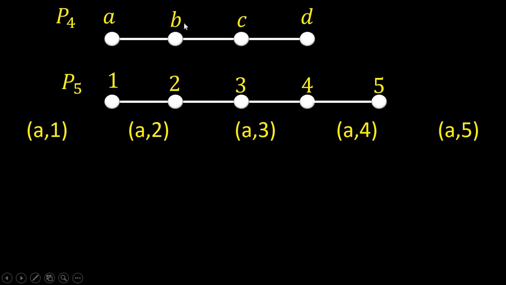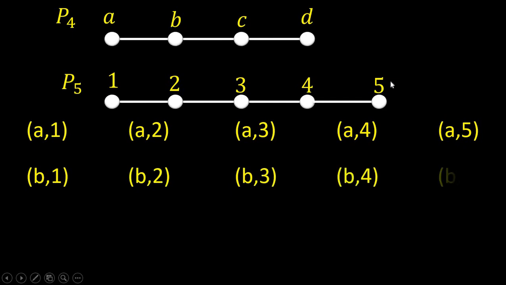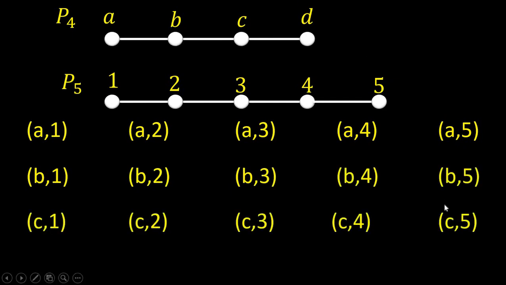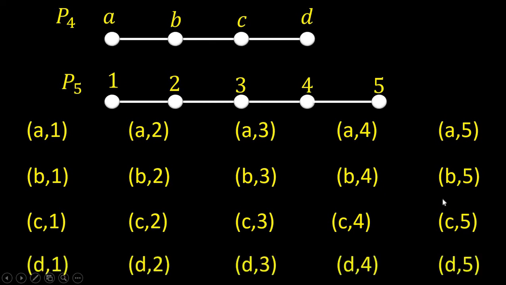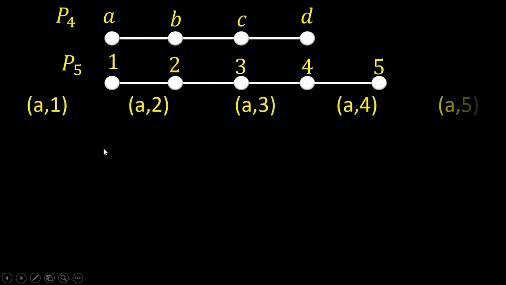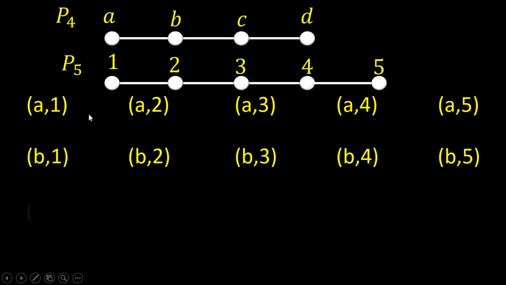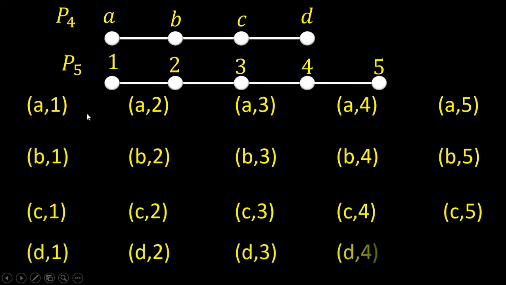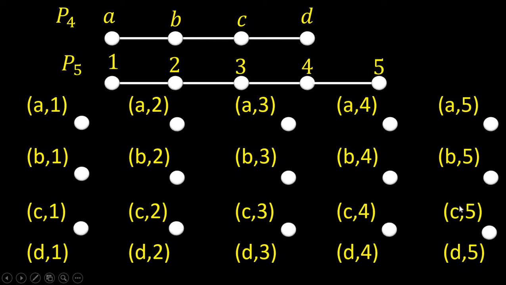Then I write B with all these 5 vertices, B1, B2, B3, B4 and B5. Then I write C with all these 5 vertices, and in the last D with all these 5 vertices. Then I make a vertex for each pair like this.